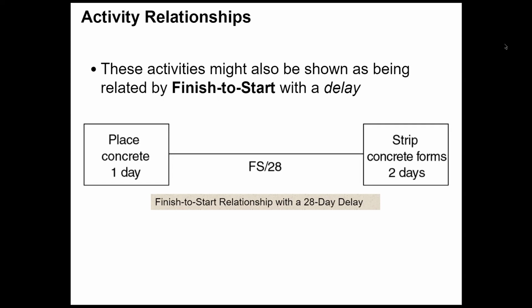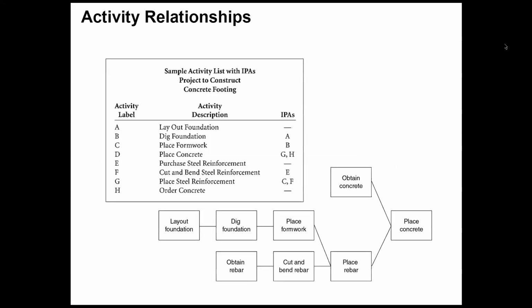That is a lag. The lag means you delay that many days to do something. We only introduce this in this class. We do not really use this for calculation because it gets very complicated, so I keep it simple for you, right? This is a finish to start with a 28-day delay.